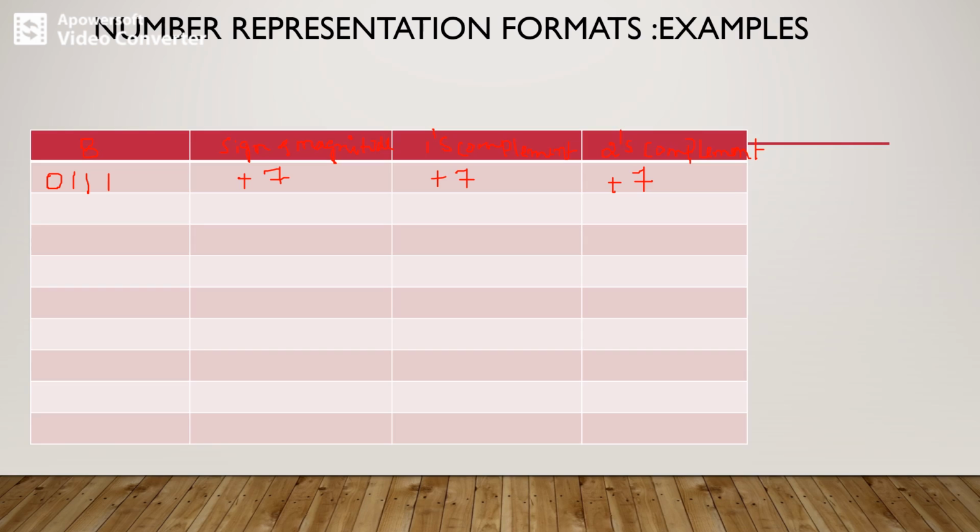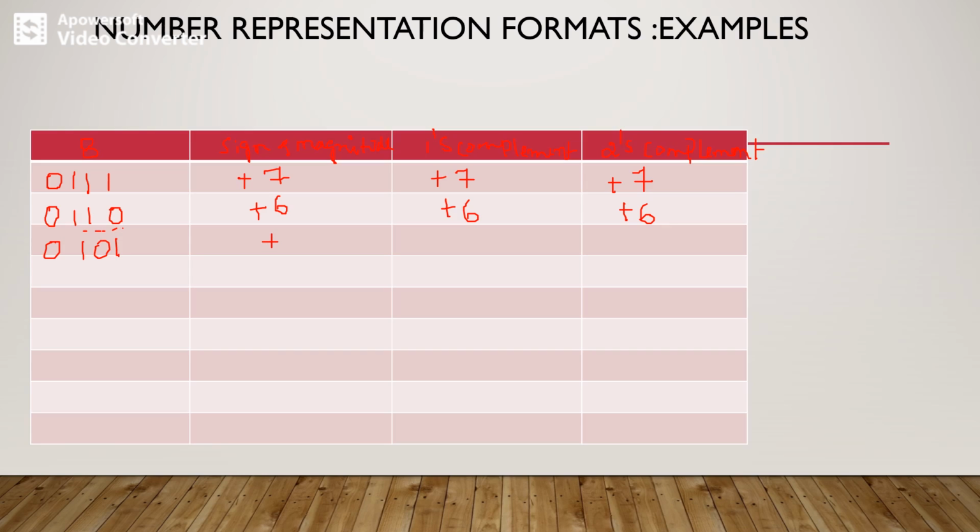So next we'll consider the second number, that is 0, 1, 1, 0. So magnitude is 6 and sign is positive. Since the number is positive, plus 6. So next we can consider 5, that is 0, 1, 0, 1.